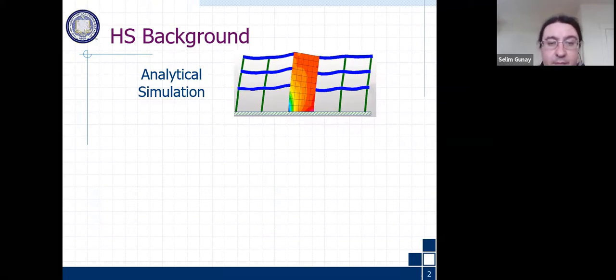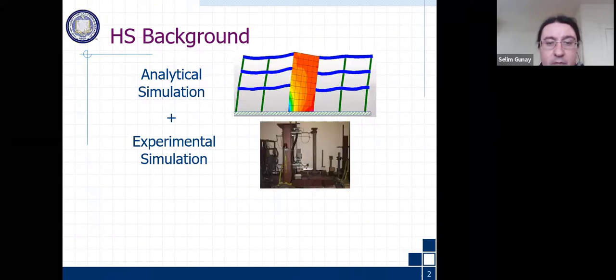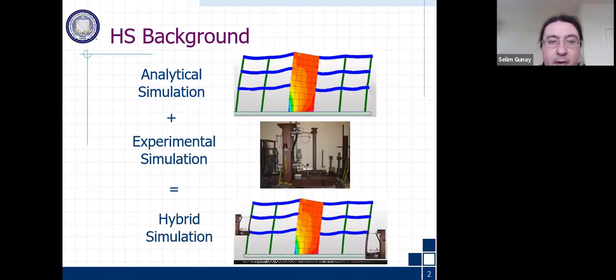In that type of situation, hybrid simulation helps us by removing these two elements from our numerical model and replacing them by their counterparts in the lab.